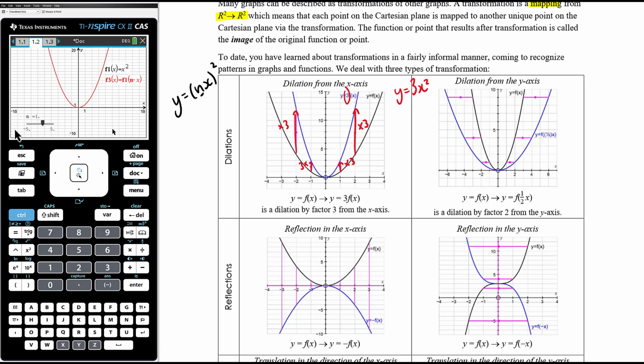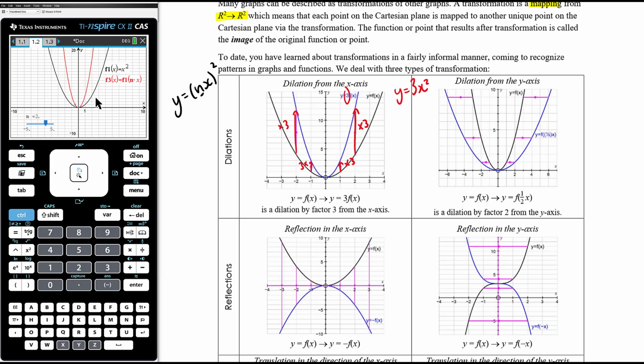And the key thing here is that if we have a look at what happens as I make n bigger, the graph gets narrower. So this is about dilation from the y-axis, but as n gets bigger, the graph gets narrower. Let me make n 2. If n is 2, what's actually happened here, if we look at the points, the original graph goes through 1, 1, the dilated graph goes through 1/2, 1.